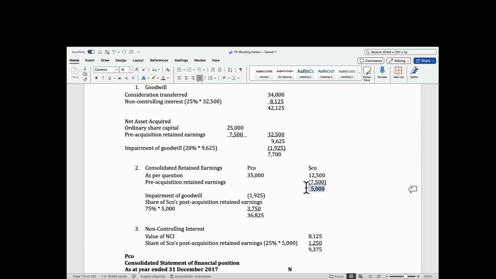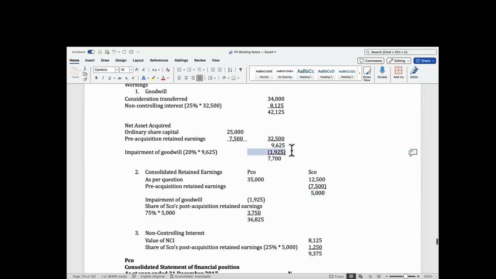Consolidating it first, the parent will simply take 75% of that 5,000. And of course, this impairment of goodwill, we are going to expense it. It's going to the P&L of the parent.